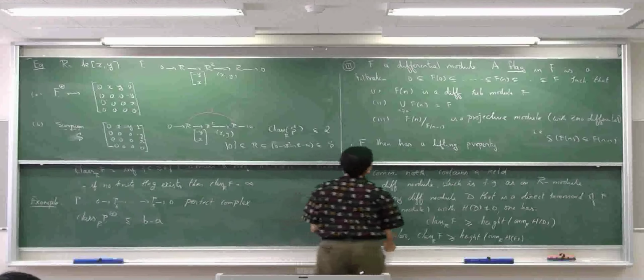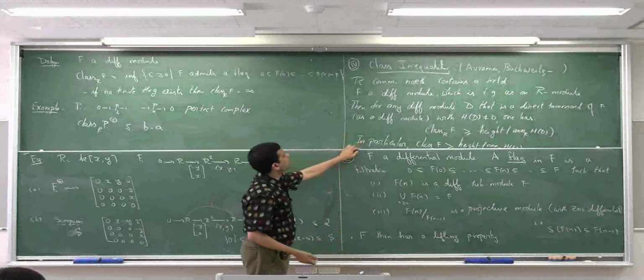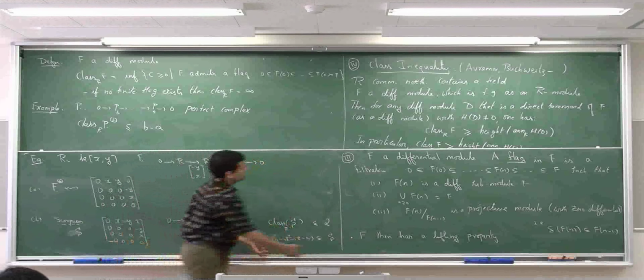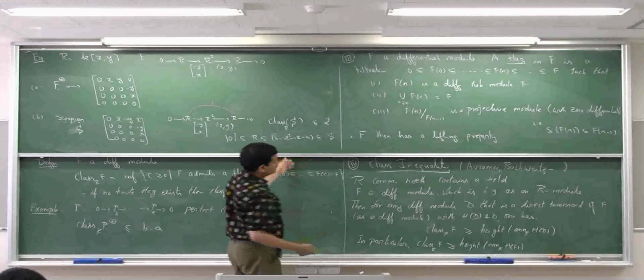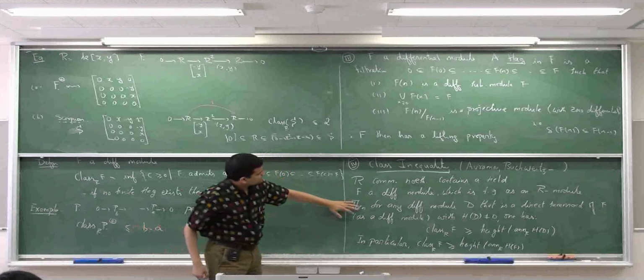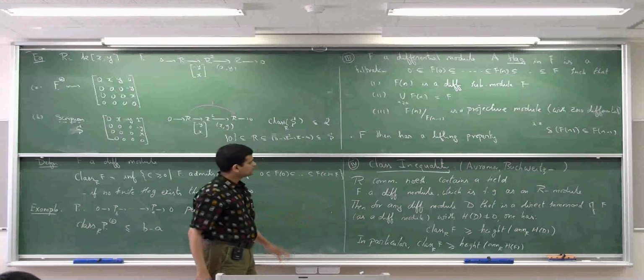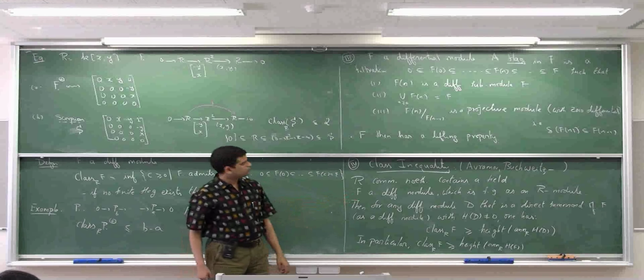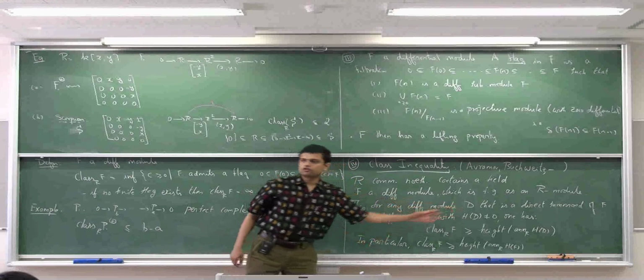So let me put it up here. Maybe I should bring it down first. So this is the result. It's a little bit more technical than what we had for the perfect complexes, but this generality is required. So you do have to worry about summands of differential modules, because it could be, for example, that the class of a direct summand could be infinite.